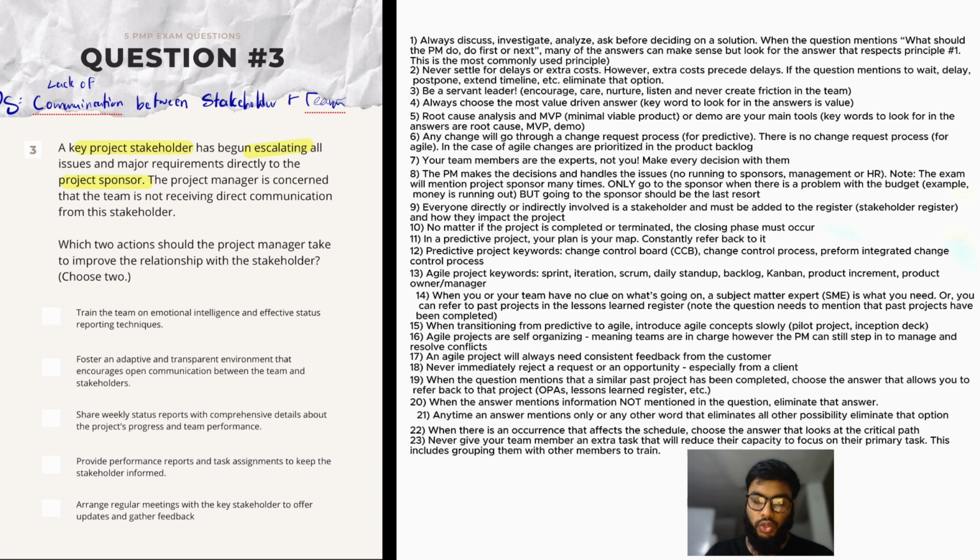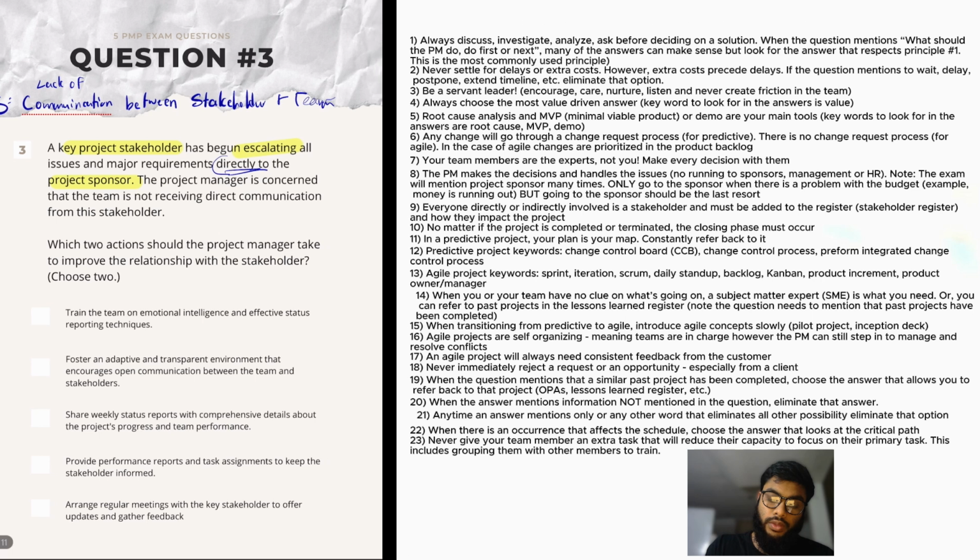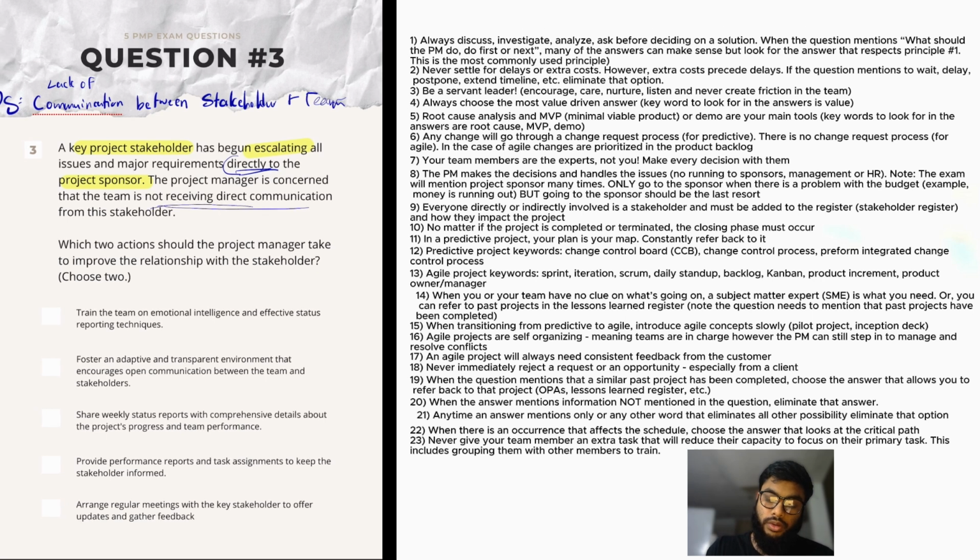We're not talking about status reports. We're talking about direct communication. So that's our issue here. It's not receiving direct communication. So this is not going to be the answer because it doesn't address the root problem. It doesn't address the problem statement. We are looking for lack of communication between the stakeholder and project team.